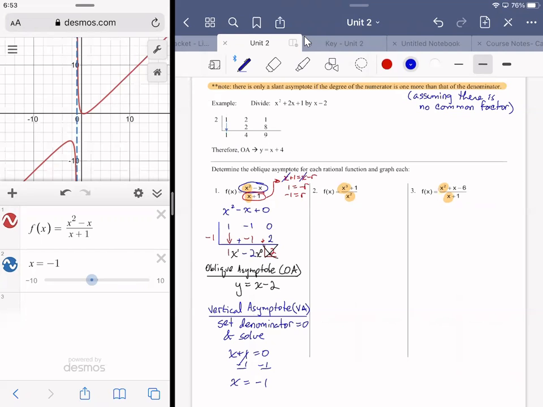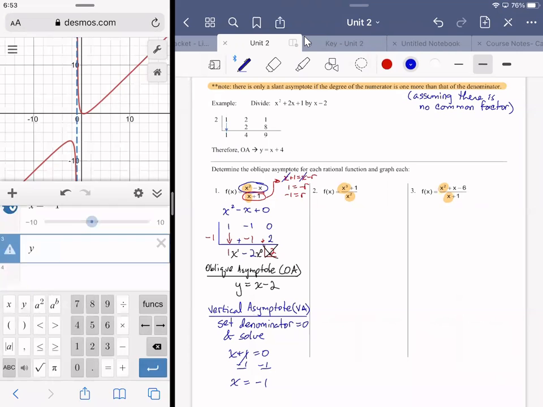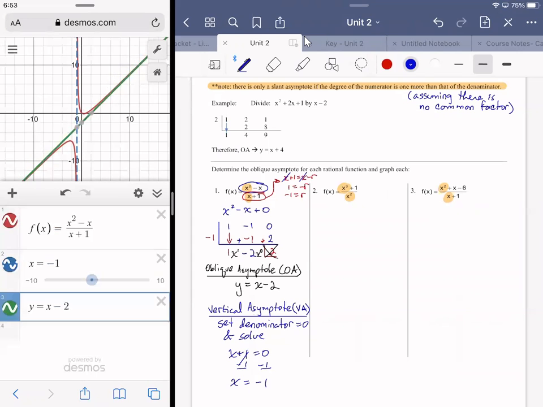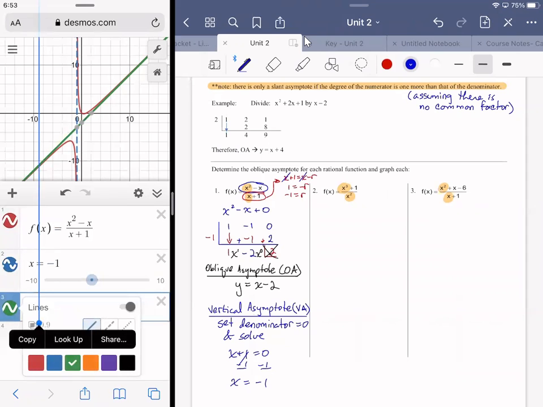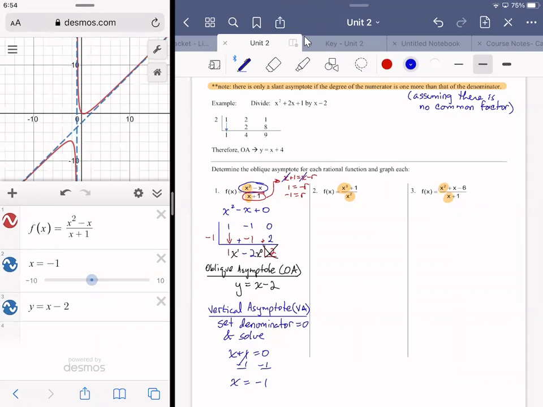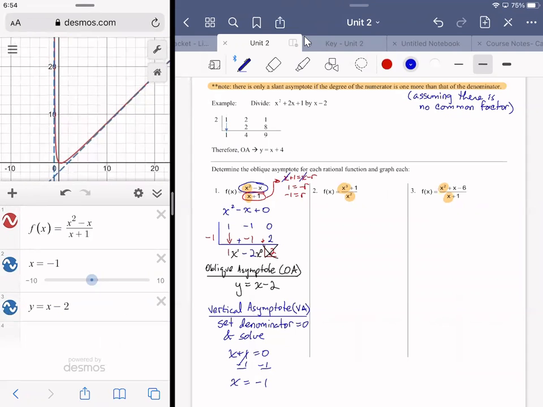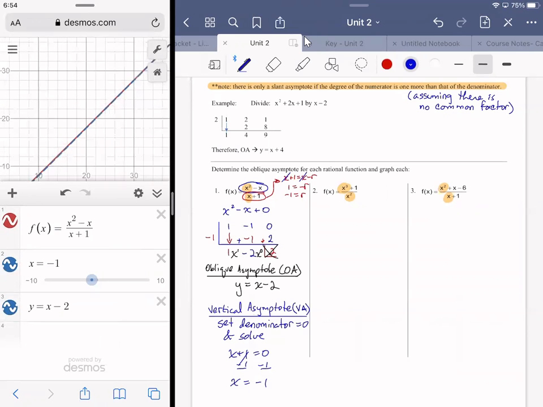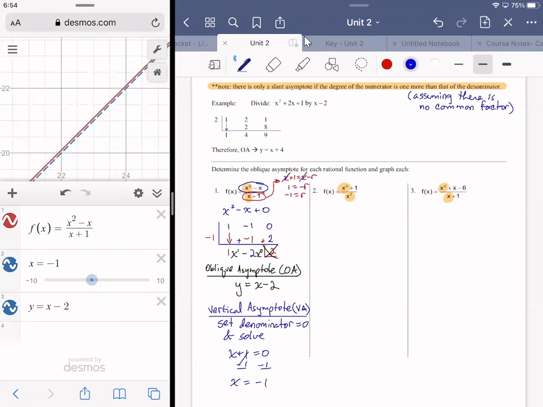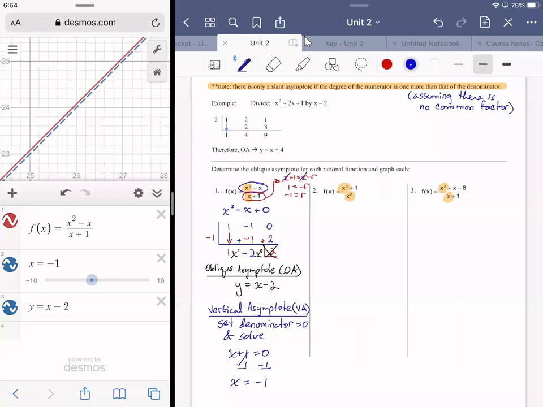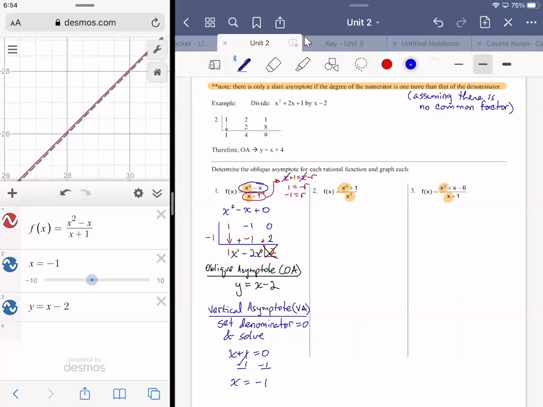So my oblique asymptote, y equals x minus 2, same idea. It should be a line that the graph approaches. Right? It does look like that's the case. As I move out along this path, it does look like that red curve is approaching or getting closer to the blue dashed line.